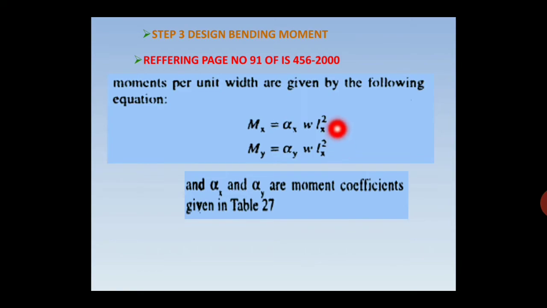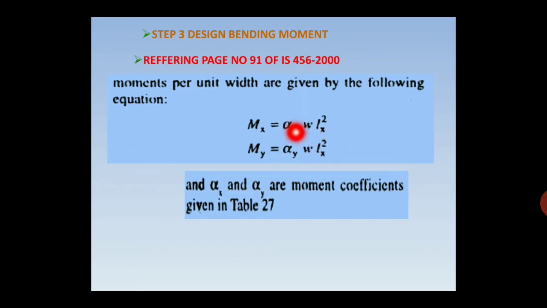This is the effective length which we have found out. Square of it, both ways we have to use the shorter span only. Only alpha x and alpha y are the coefficients which are changing. W will remain the same, that is the factored load Wu. This is exactly as taken from the code book, so our notations vary a bit. So W and Lx will remain the same in both the equations.